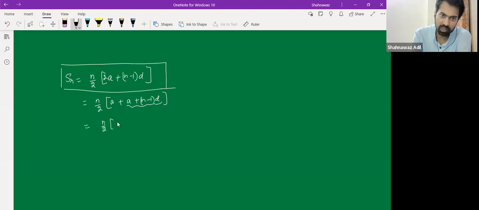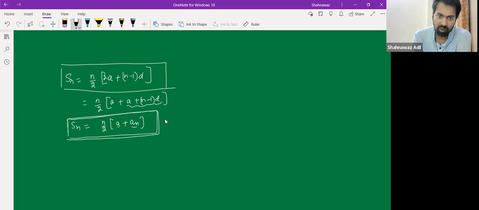So this would be a plus an. So we can also apply this formula whenever we are given the first term, the nth term, and the number of terms, so we can use this formula to calculate sum to n terms. When n, a, and an are given, this is used; the other is used when a, n, and d are given, right? Understood, guys?